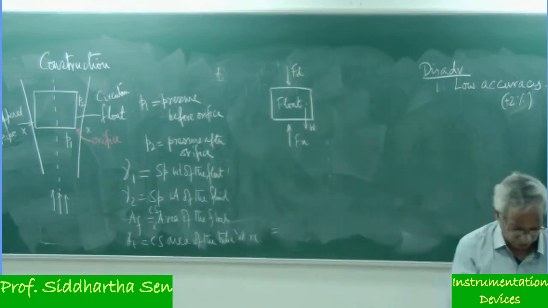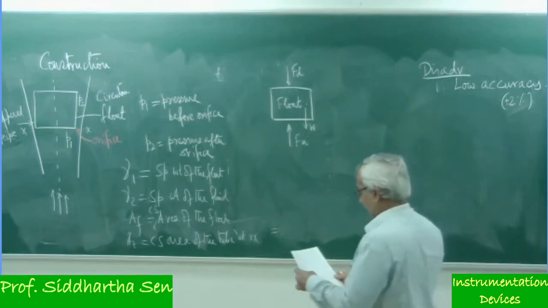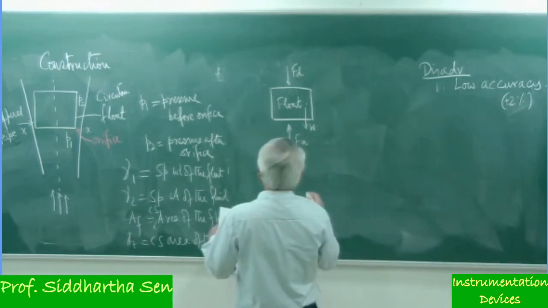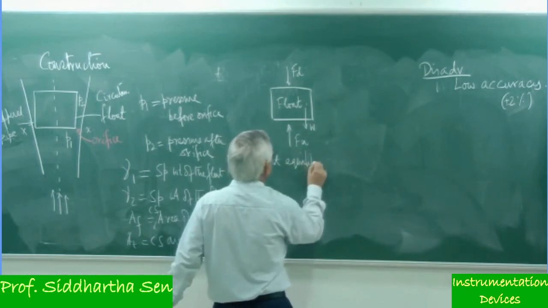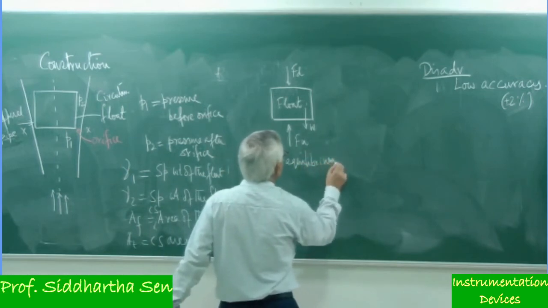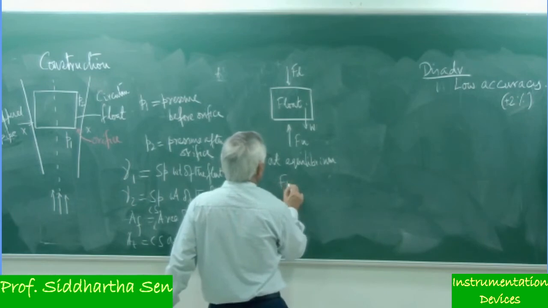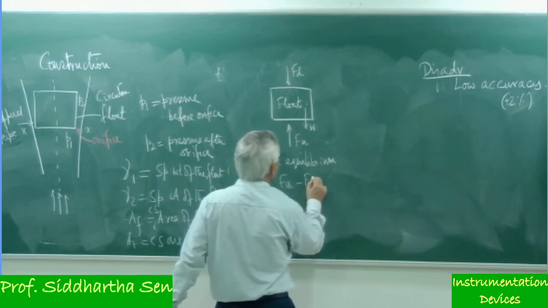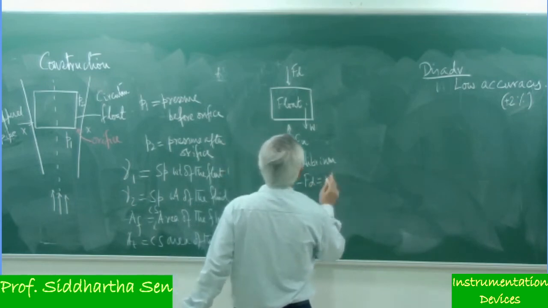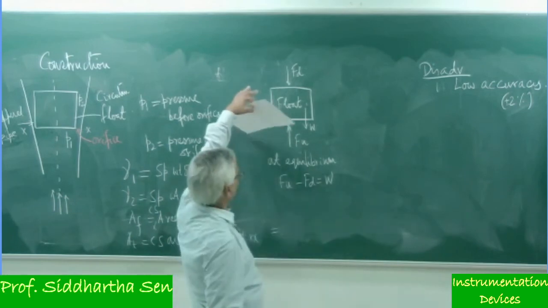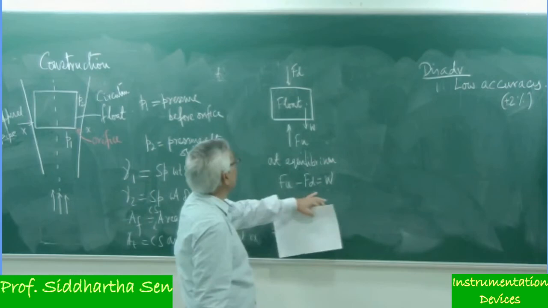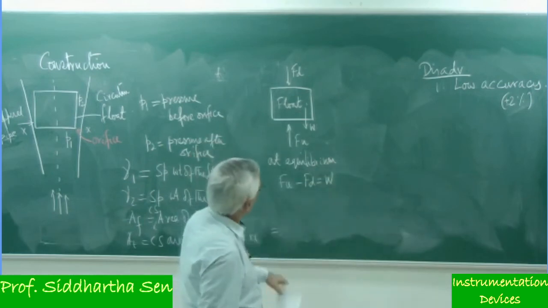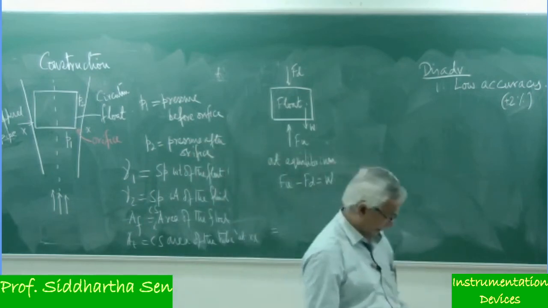So at equilibrium, Fu minus Fd is equal to W. The upward force must be there, and Fd, the downward force, must be balancing W, that means equal to the weight there.